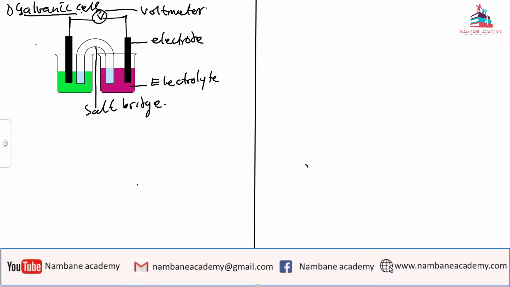Now, there are things that one must understand. A galvanic cell is defined as a cell in which chemical energy is converted into electrical energy. Let's write it down. 1, or A, we have energy conversion.